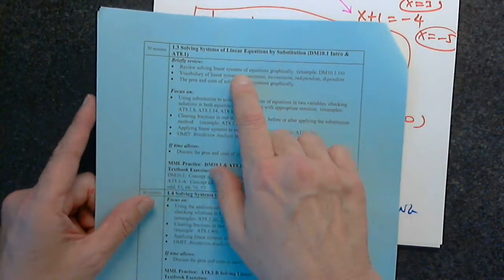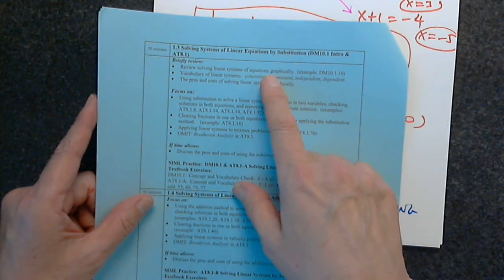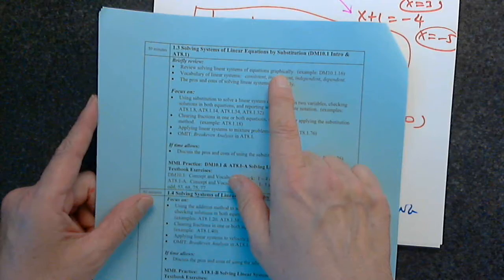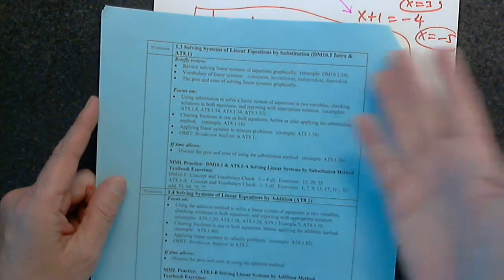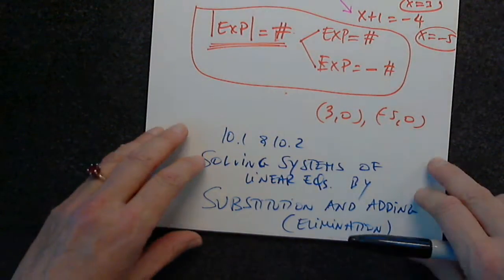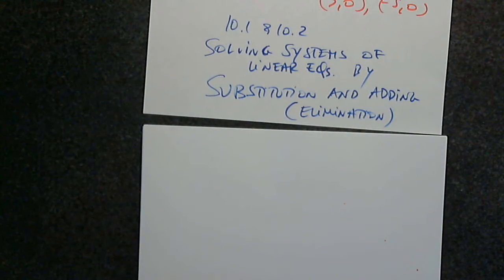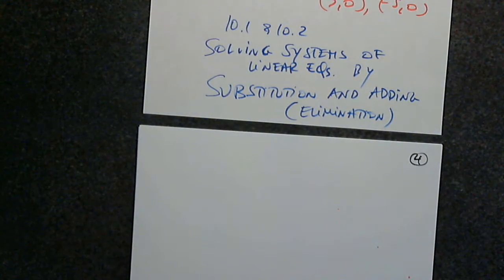okay. So they say I should show you at least one example with the graph. So let's do one example with graphing, and then we do the other two. So let's start with graphing. They didn't say that, but they just put it in fine print. That's okay. Okay, so let's take a look at an example.